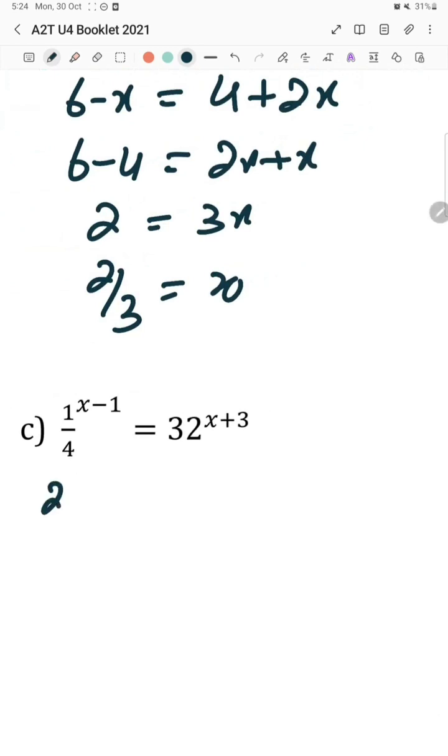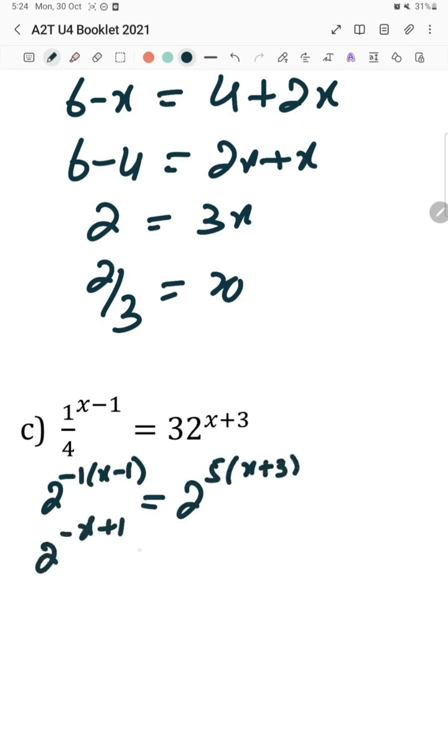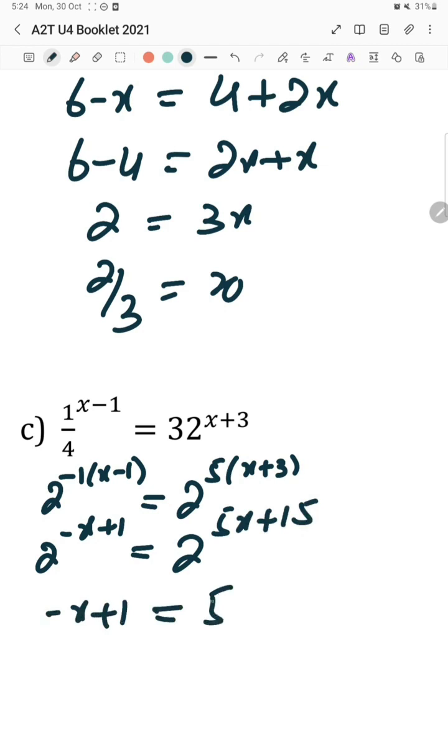So it can be written as 2 to the power minus x plus 1, which is equal to 2 to the power 5x plus 3.